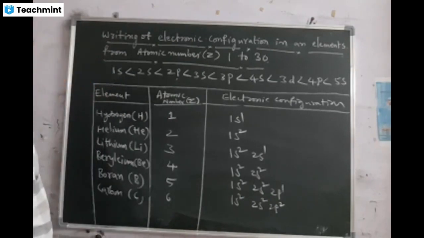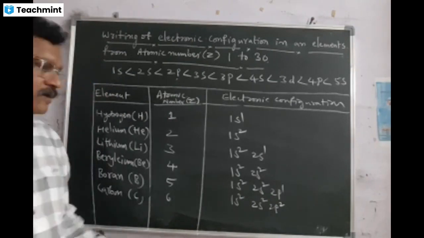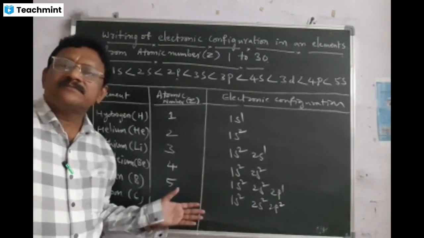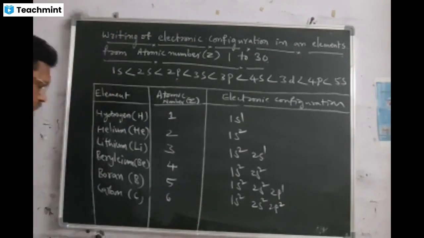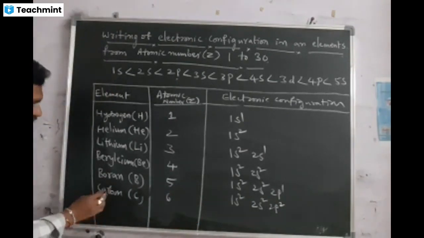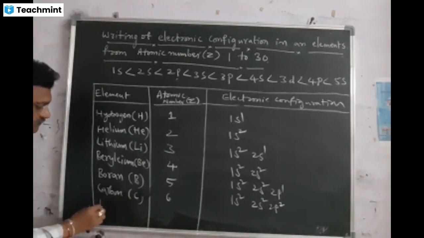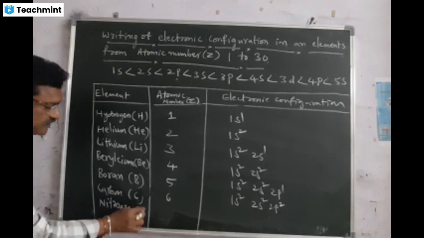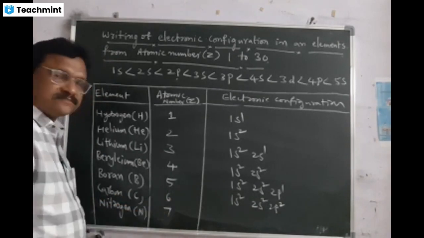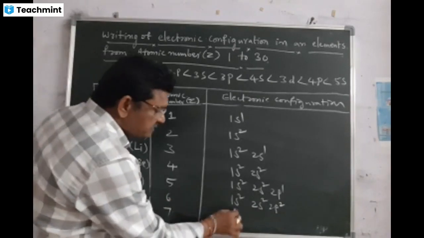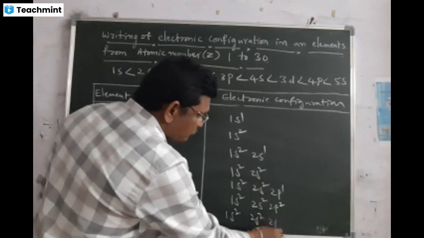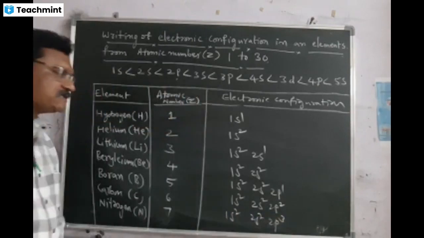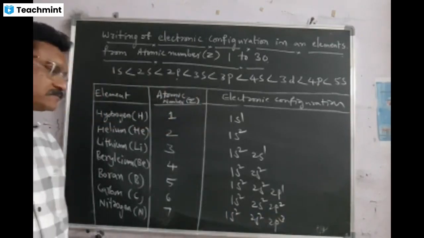Okay, Lucky, is it clear to you? Then after carbon, the next element is nitrogen. Nitrogen's symbol is N, atomic number is 7. Then the configuration is 1s2, 2s2, 2p3.